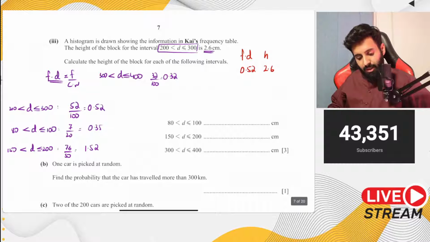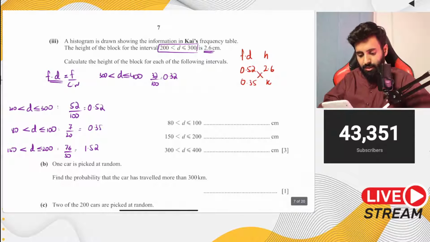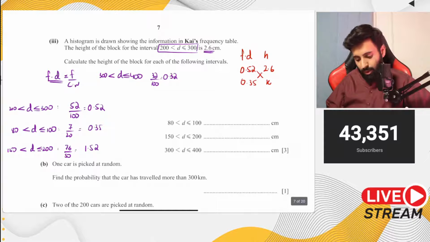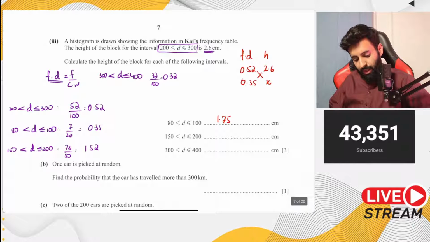So what about the interval that has frequency density 0.35? What will its height be? You cross multiply and get the answer. 0.35 into 2.6 divided by 0.52. So here we have 1.75 centimeter for 80 to 100.